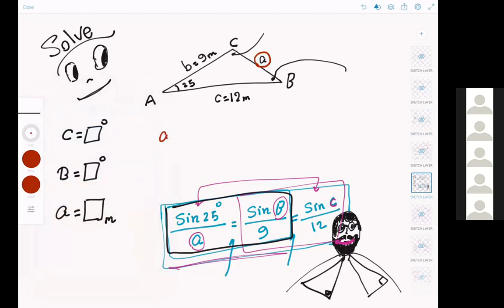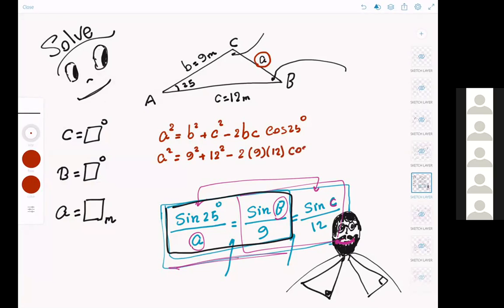So I'm going to write a squared equal to, write the formula, b squared plus c squared minus 2bc cosine of 25 degrees. A squared equal to 9 squared plus 12 squared minus 2 times 9 times 12 times cosine of 25 degrees.